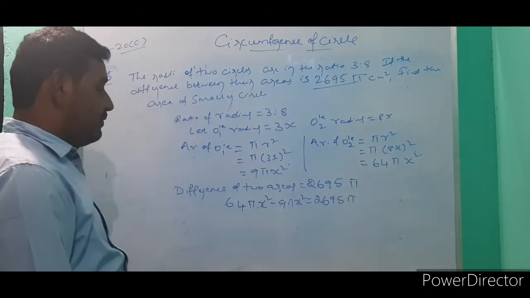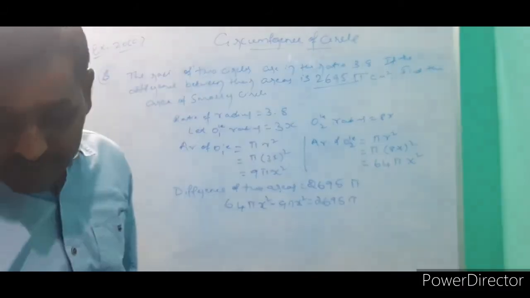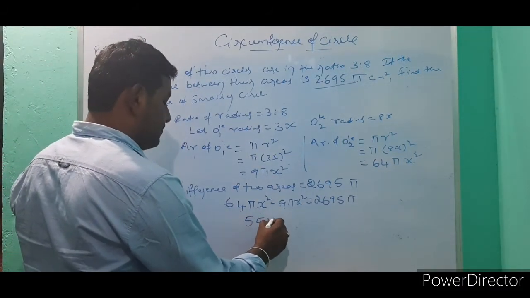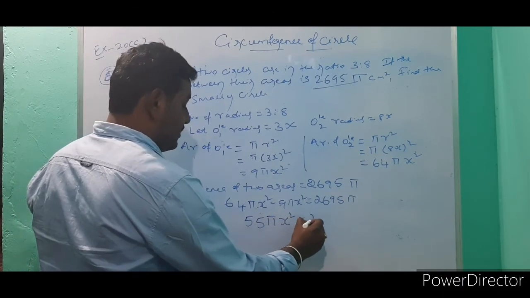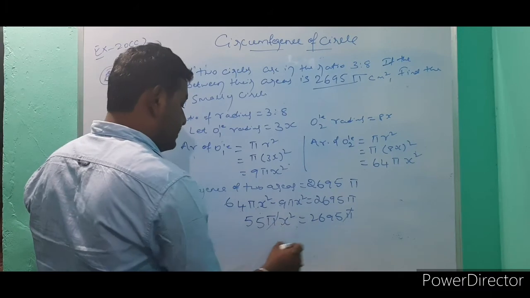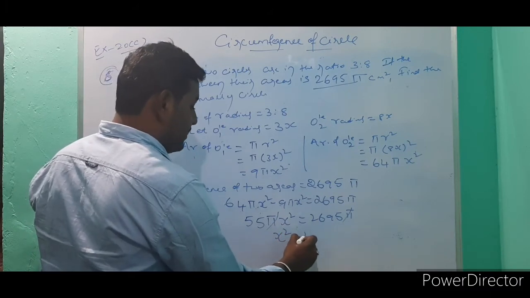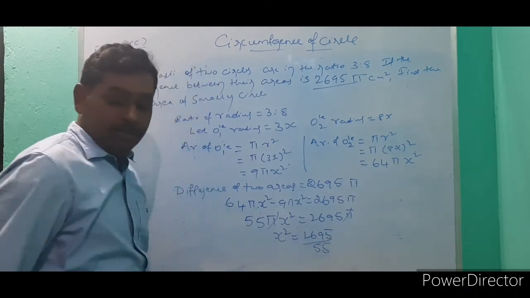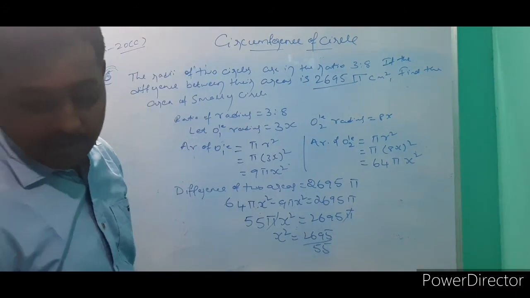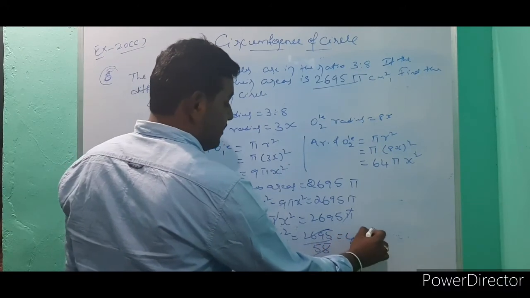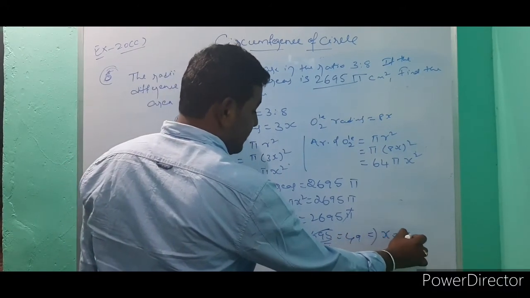So if you subtract this, you will get 55 pi x square is equal to 2695 pi. Pi gets cancelled. X square is equal to 2695 divided by 55. So it will cancel, 49. That x value is equal to 7 centimeter.